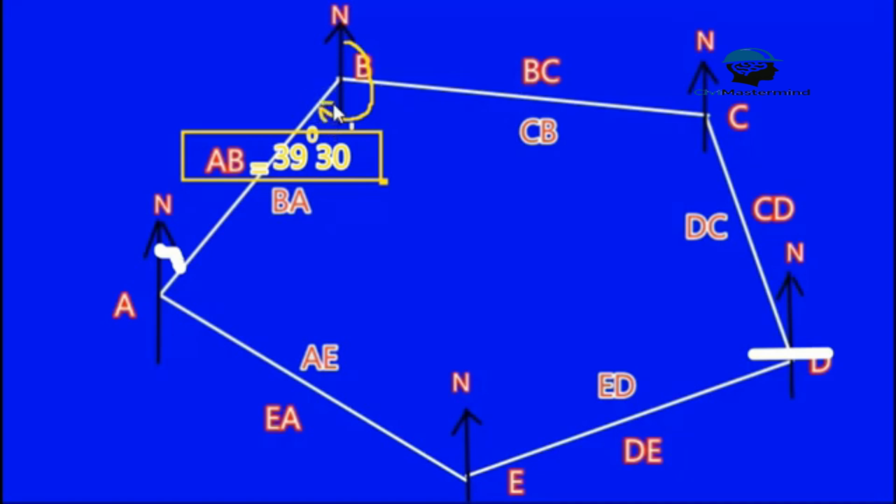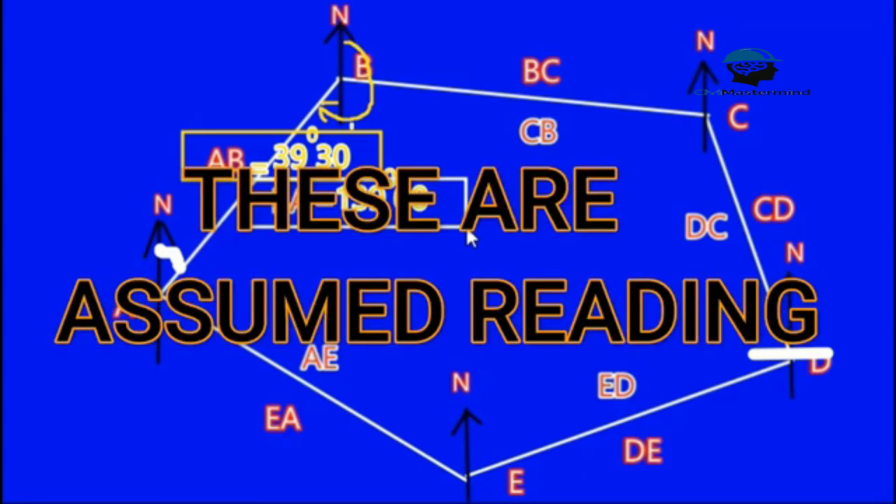So this will be equal to about 139 degrees and 00 minutes as shown right in front of you. And I'll just put down the other readings as these are supposed to be the observed readings into the figure, and we'll get back soon.